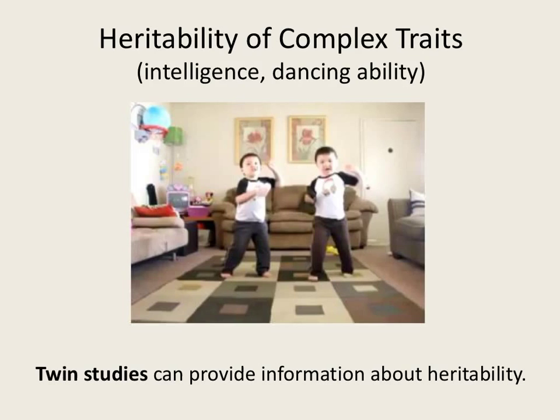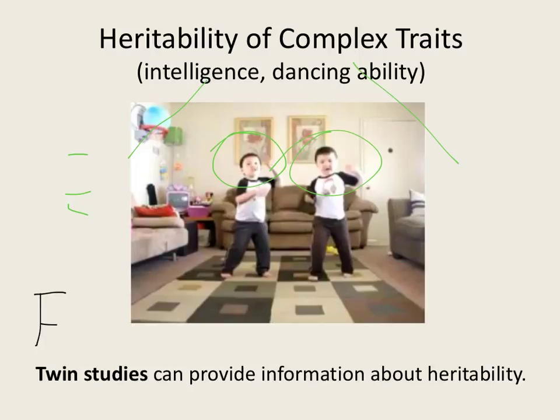We can oftentimes discover more about heritability by looking at twin studies, identical twins versus fraternal twins, or brothers and sisters, siblings. Okay, so these are identical twins. Do they act exactly the same? No, but it's highly likely that they'll have similar levels of intelligence if they're brought up in the same environment, and dancing ability. Okay, now, if they were fraternal, not necessarily.